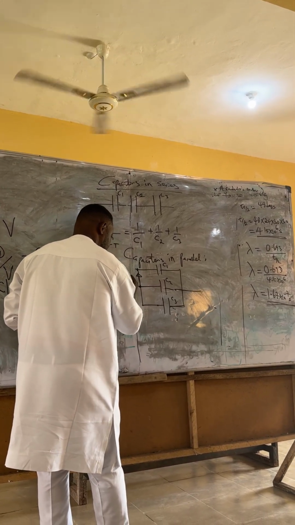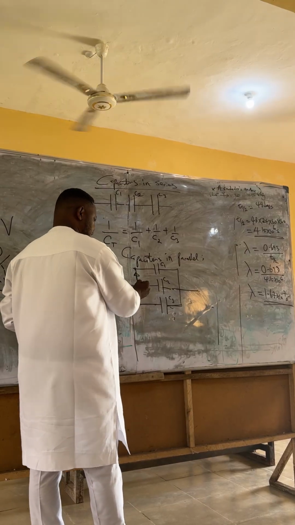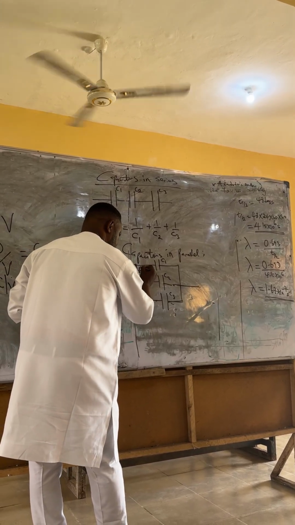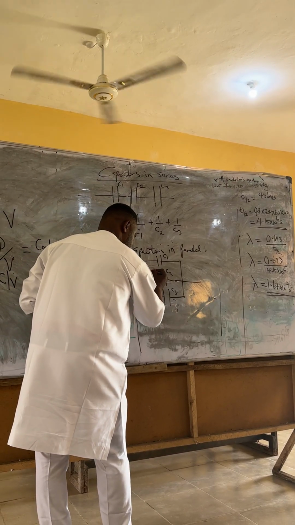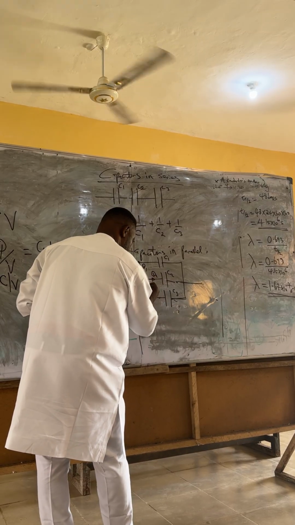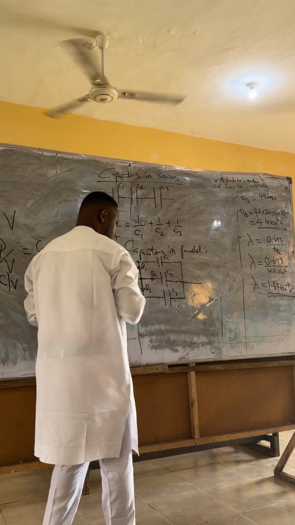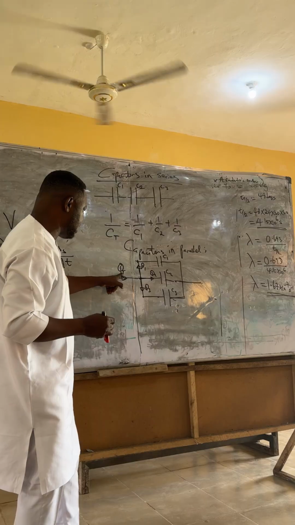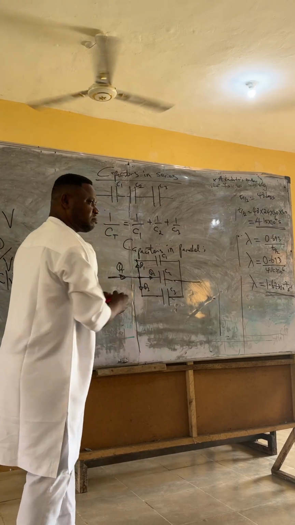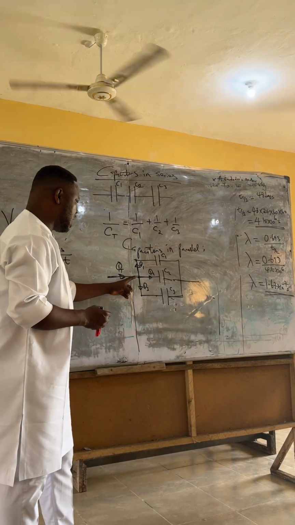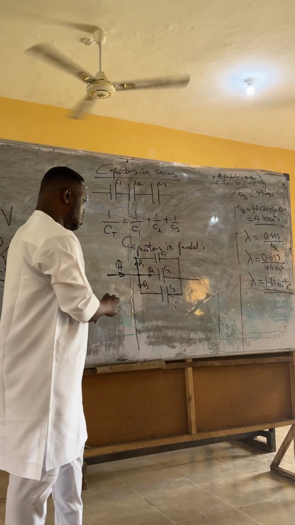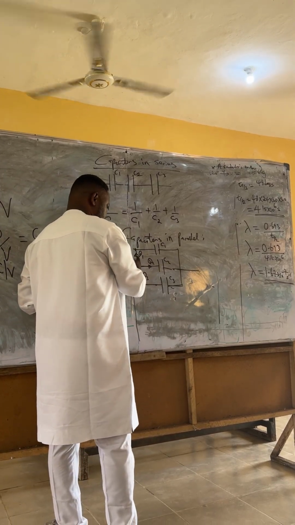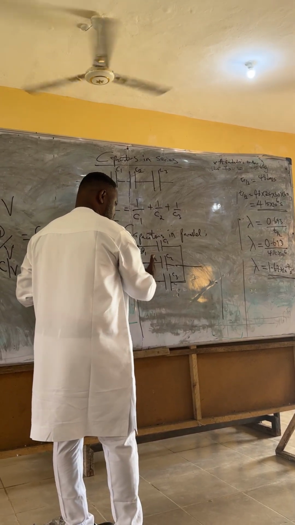If this is Q total that is coming in, when it gets to this junction, some will go here, Q1, some will enter here, Q2, and some will go here, Q3. So you see that the charge that was coming in has split. So no longer Q total that is going to be found here. Instead, it will split into this, and that.